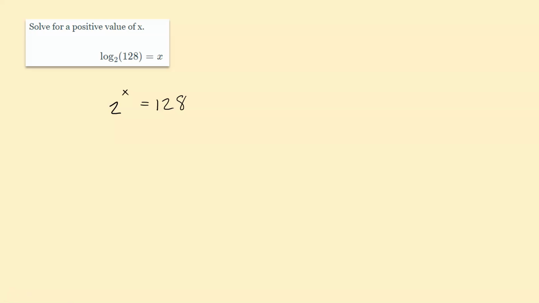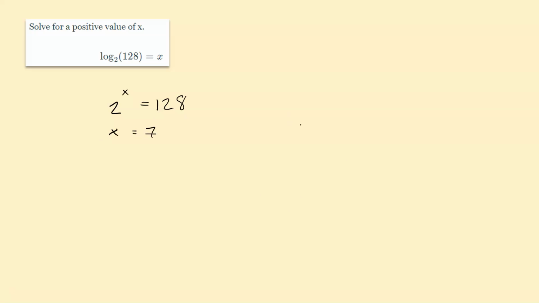So if I start with, let's say, 2 to the 4th power, maybe. What is that? That's 16. So I have to raise it. Let's go 2 to the 6th power, 64. 2 to the 7th power is 128. So x has to equal 7.